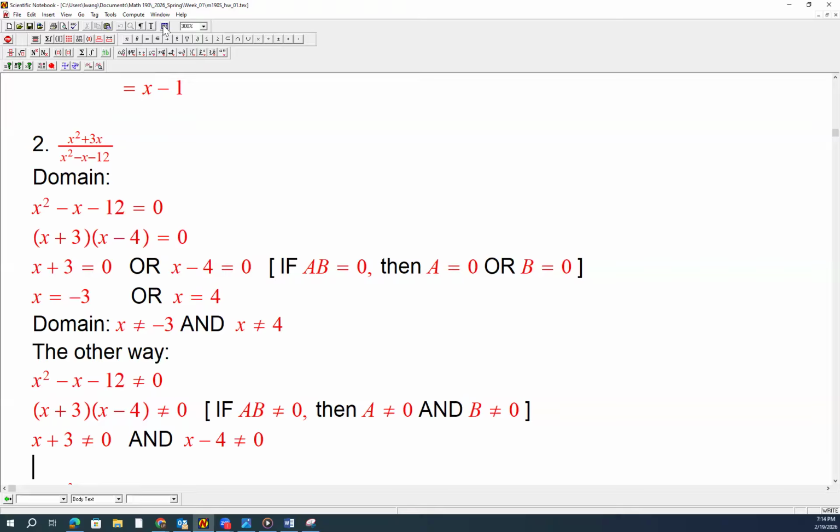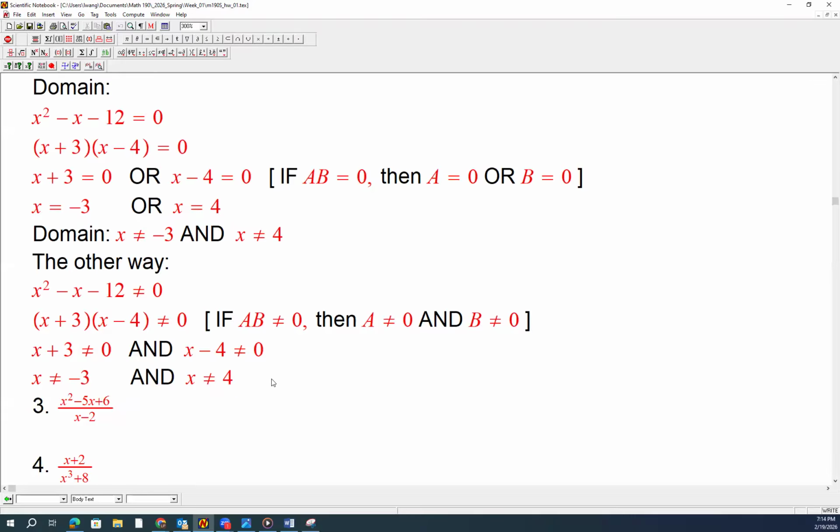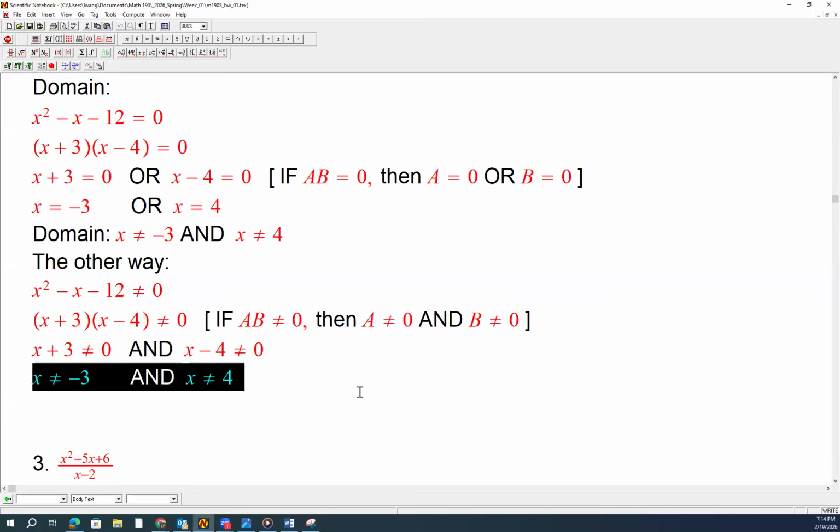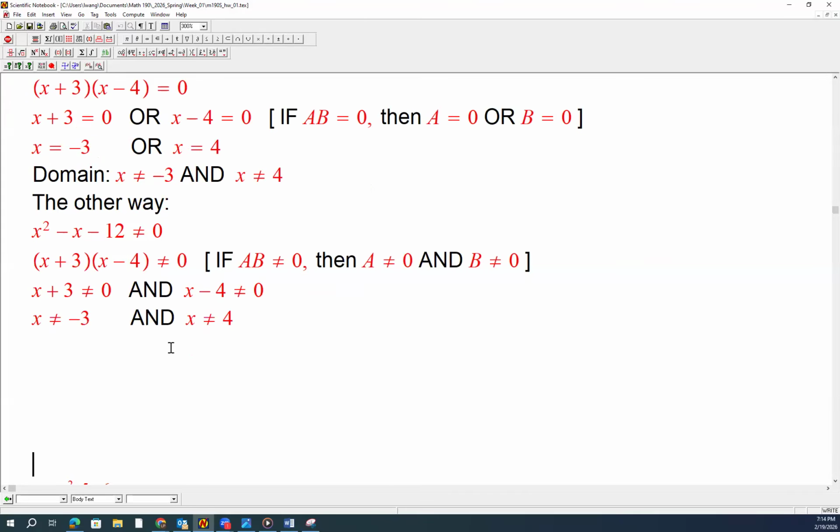As a result, x cannot be -3 and x cannot be 4. And that will be the domain right there. So we have determined the domain, and the next part we're going to reduce.